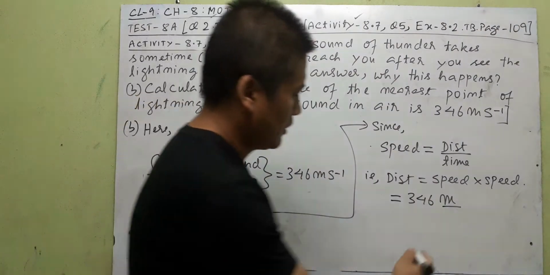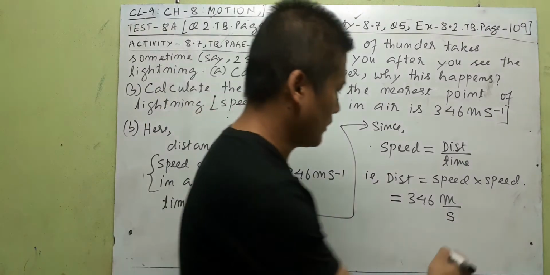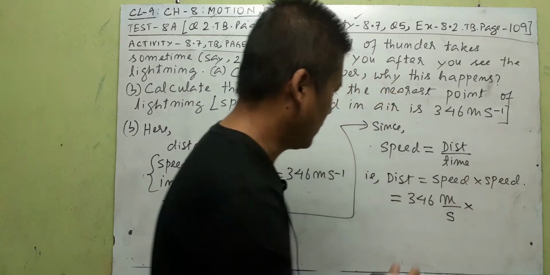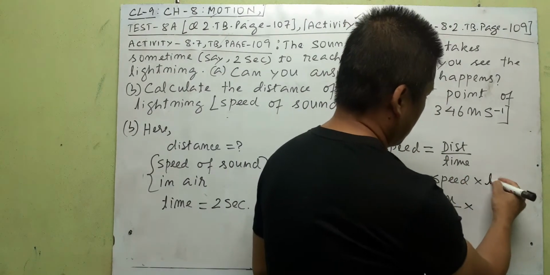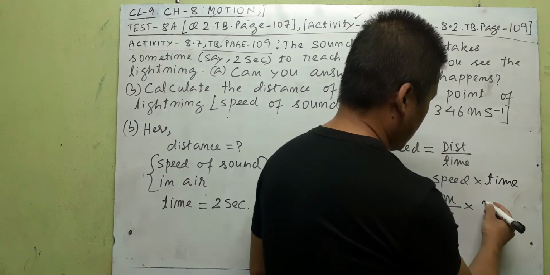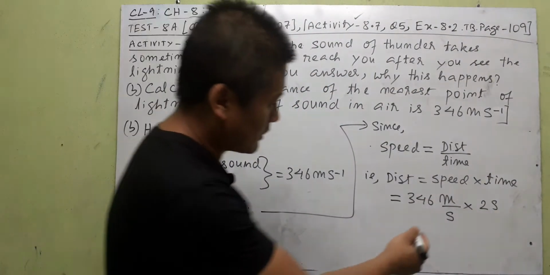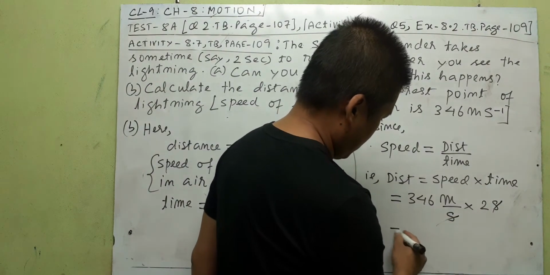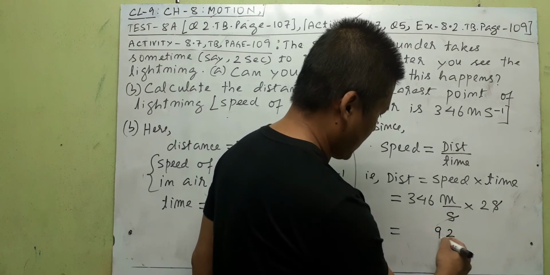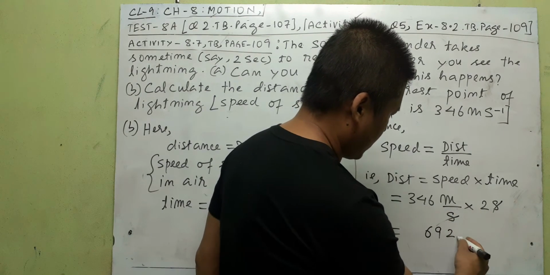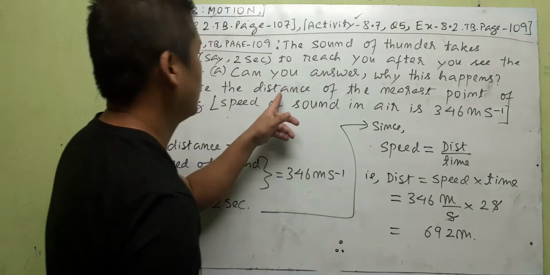If you bring it down, it will become second to the power plus 1, which we need not write. So speed into time. Sorry, this time will go up and multiply this, make the slight correction. So time taken is 2 seconds, as you can see here. So we can cancel this second, up and down, and we're left with 2 6s are 12, 2 4s are 8 plus 1 9, 2 3s are 6, 692 meter.